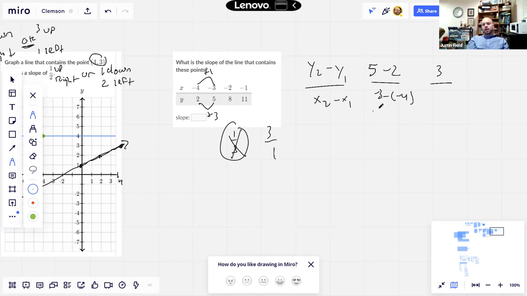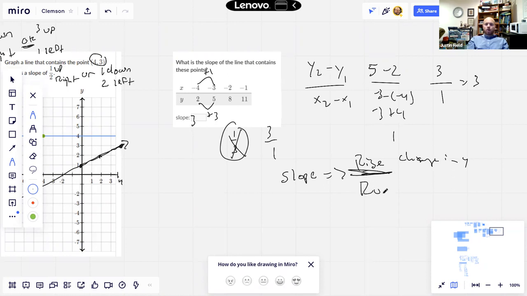Okay. -3 plus 4 is 1. Good save, Mr. Field. So it would be 3. But hey, teachable moment, right? So the slope, we always say in algebra, is rise, that's the change in y, over run, or the change in x.